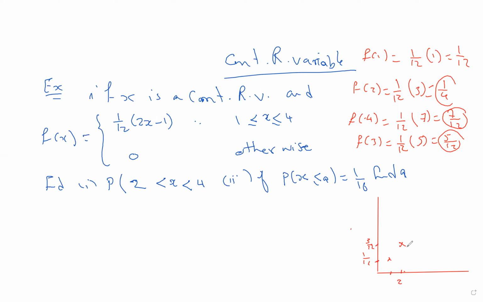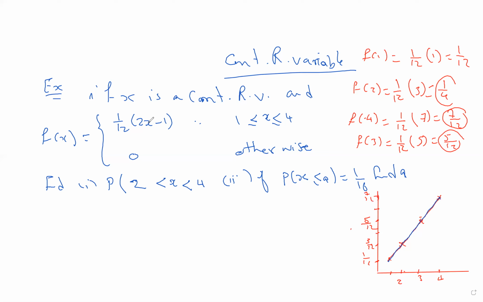F of 3 is 5 over 12. And f of 4 is 7 over 12. And this is a straight line. Let me graph this one. It is a straight line because this function is a linear function. It has a slope and different points.